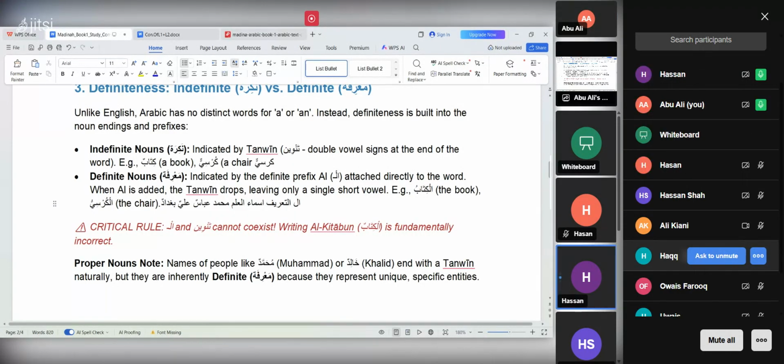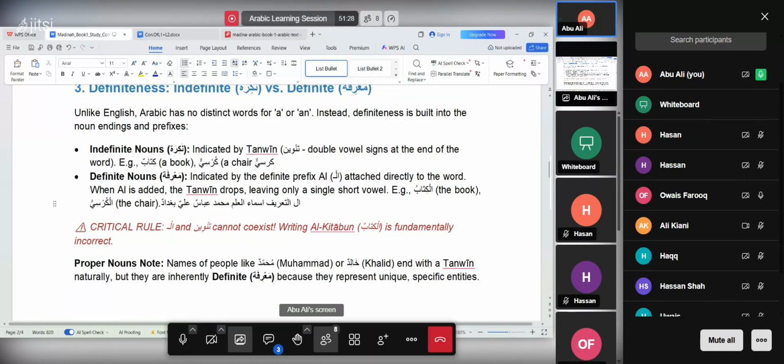You use a prefix. What's the prefix specifically? Al. Excellent. What's the second type of definite noun we learned today? The proper noun, ismul alam. Excellent.